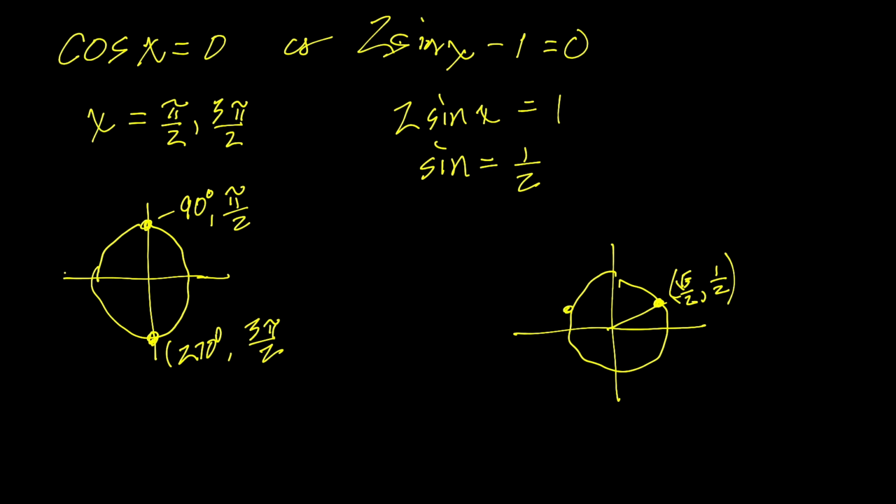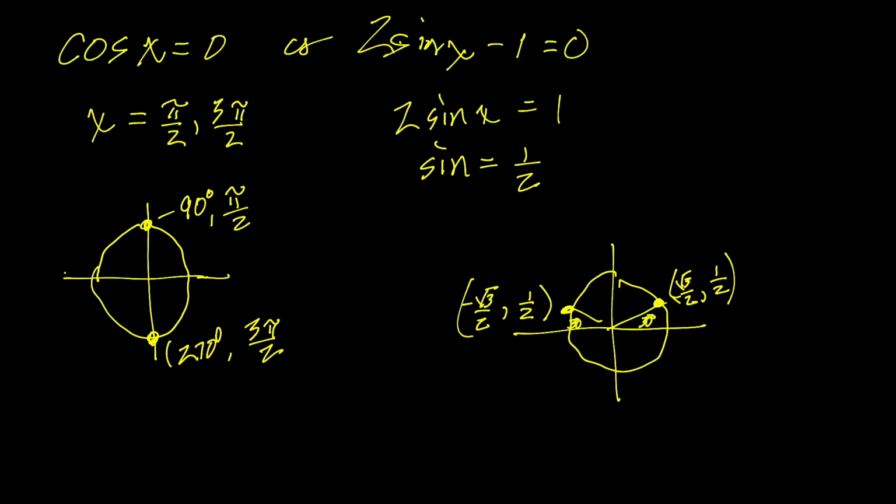And then over here, sine is also positive, so it'd still be 1/2, only this would now be negative because we're left of the y-axis. So both of these are 30-degree angles right here.